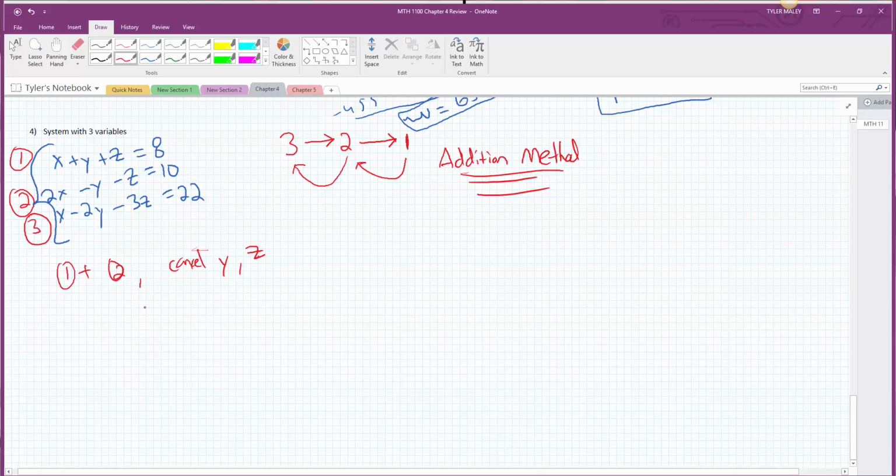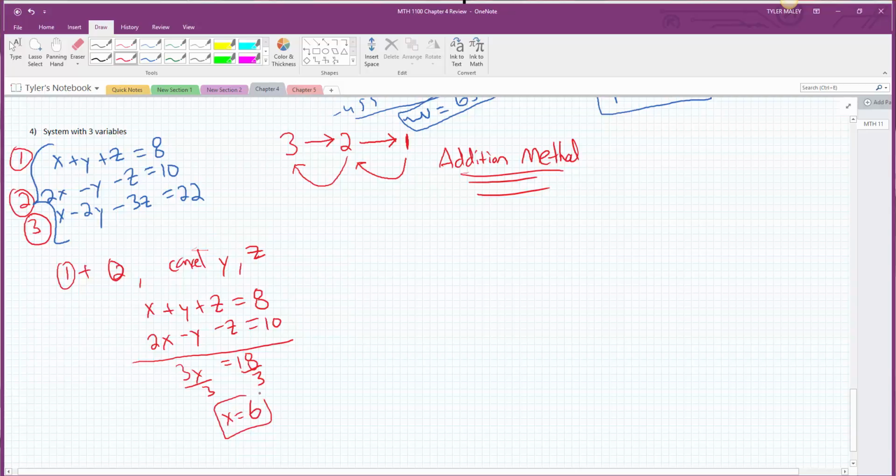If I add these together, what I'm left with is 3x. Here those cancel, we get 18. So if I divide both sides by 3, I get x equals 6. So actually, I already know my x value of 6.